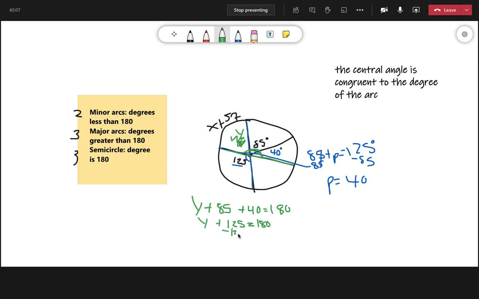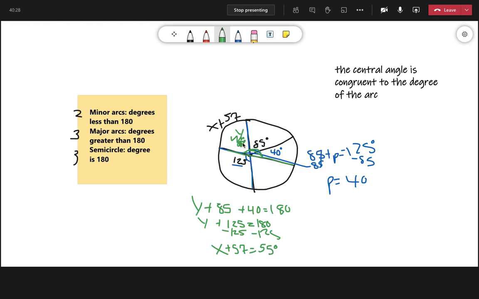We're going to subtract 125 from both sides. 180 minus 125 is going to be 55 degrees. We know 55 is going to equal x plus 57. Why do I know this? Whatever this angle is going to equal the total degree of our arc.